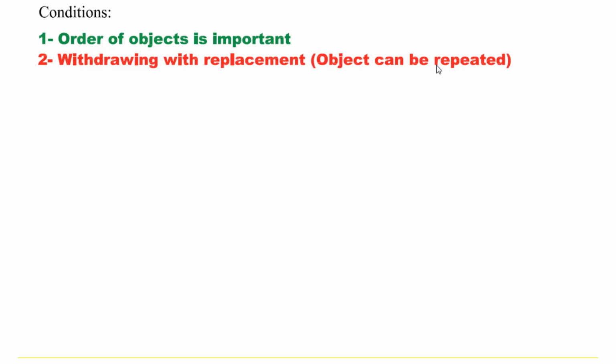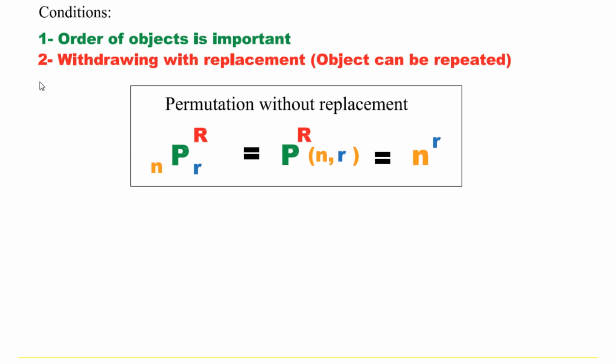So since repetition is possible, this is equivalent to withdrawing with replacement. Actually, the problem of withdrawing from 4 different bins is equivalent to the problem of withdrawing from 1 bin with replacement. So now let's use the permutation formula with replacement.